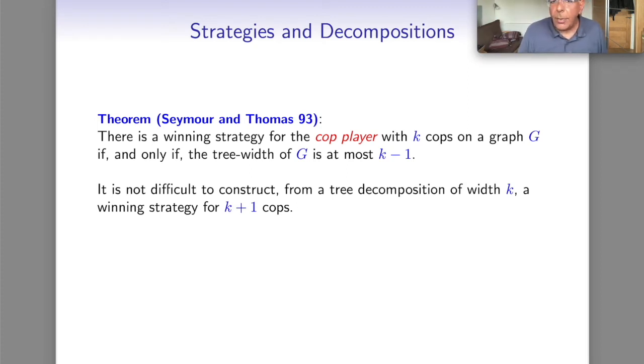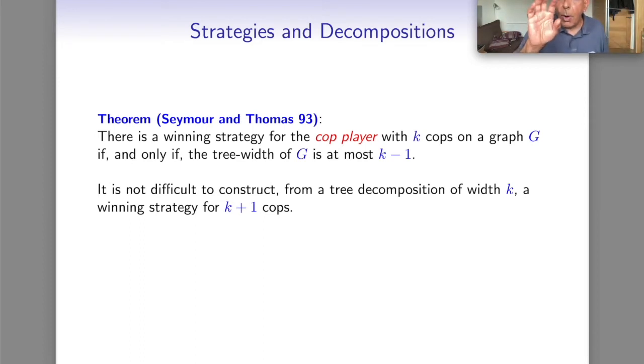Now, what that means is that every vertex which is not in this bag appears in some subtree, but cannot appear in more than one, for the simple reason that the connectivity condition of a tree decomposition means that if a vertex appears in more than one bag, it must appear in all bags along that path, so it must appear in the bag which we have had the cops occupy.